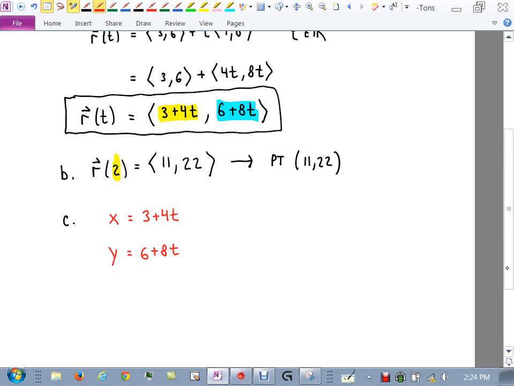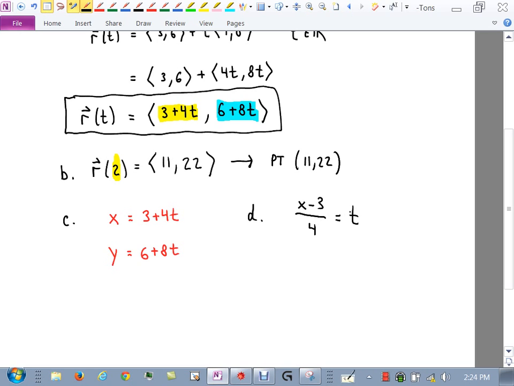And then, part D, symmetric equations. So how do we get symmetric equations? We solve these for t and then set them equal to each other. So if I solve that first one for t, I get x minus 3 over 4 equals t.